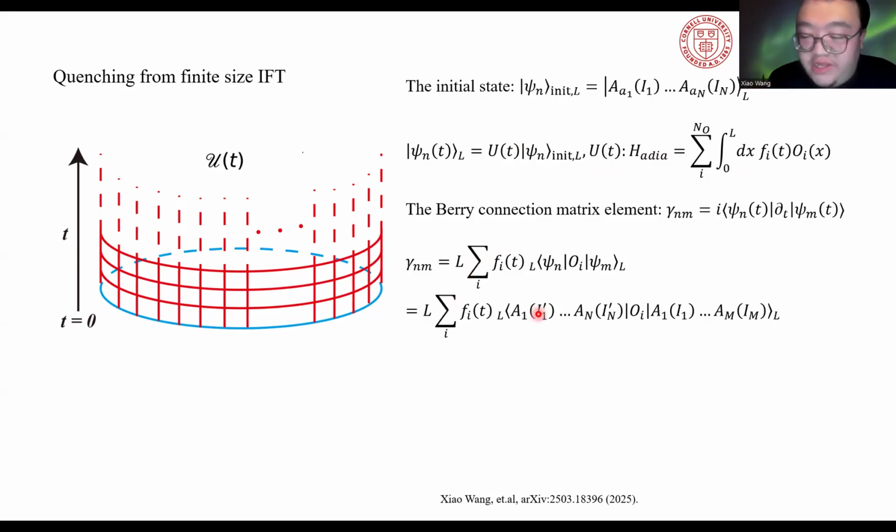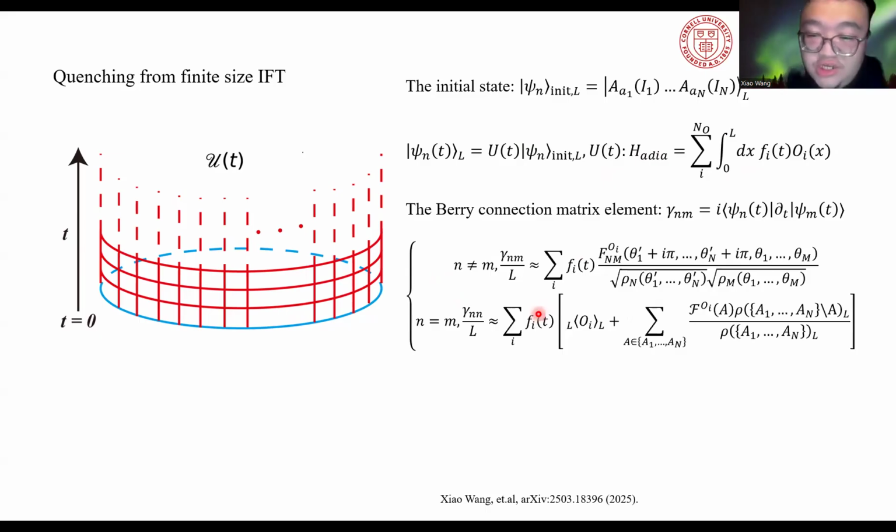And on the finite size system, the matrix element can be solved exactly by using the form factor framework, which is built up by some Hungarian physicists like Balázs Pozsgay and Gábor Takács. So in that case, we can solve the normalized Berry connection matrix element for the non-diagonal part and also the diagonal part.